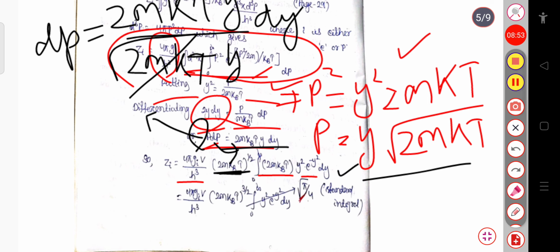Now the final expression will be 4 pi Gi V divided by h cube into 2m kT to the power half times power 1, so 1 plus half gives 2m kT power 3 by 2, into the integration from 0 to infinity of y square exponential of minus y square dy. The value of this integration is root pi by 4.